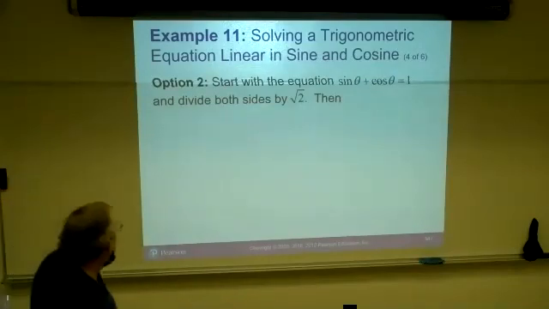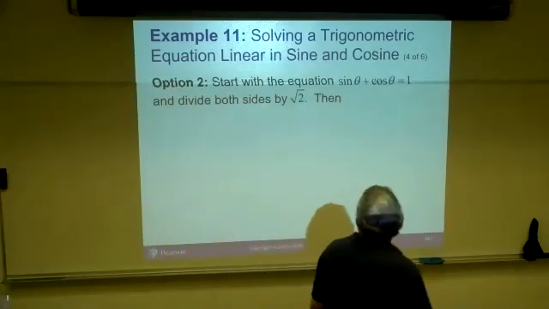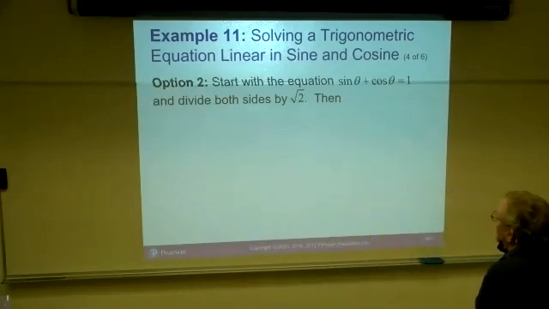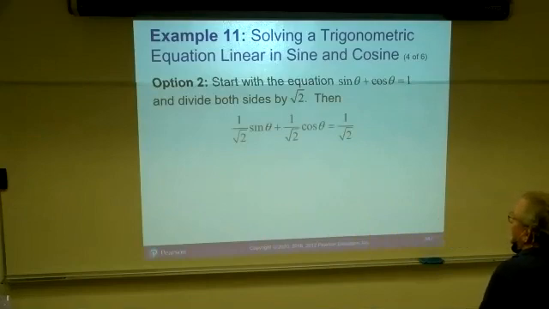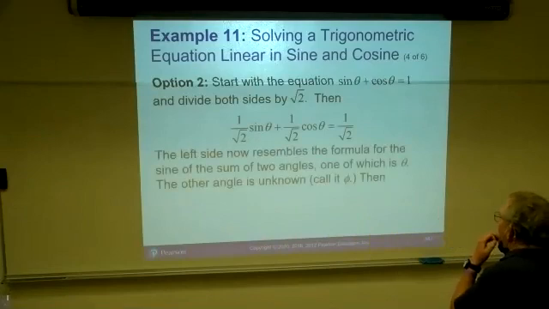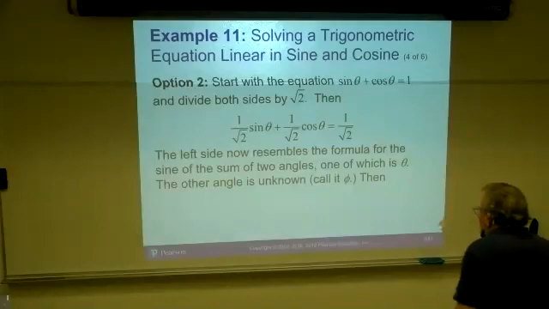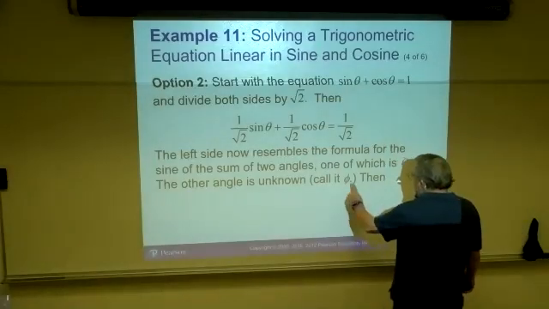Option 2, you start with the equation, divide both sides by the square root of 2. Why? All right. And now the left side resembles the formula for the sine of the sum of 2 angles. One of which is theta, and the other angle is unknown, and they're going to call it phi.